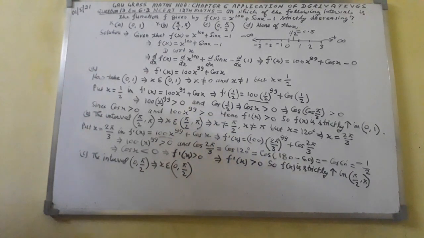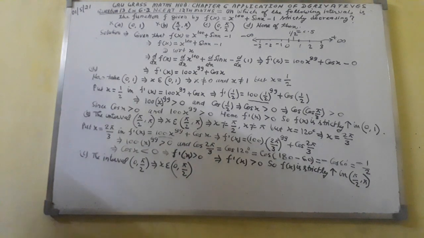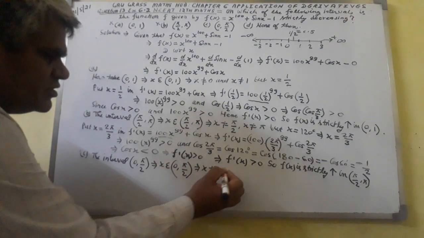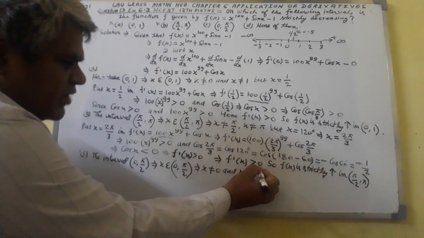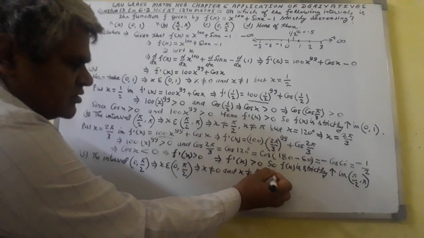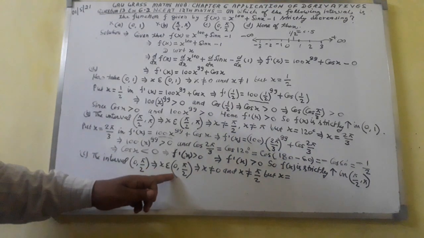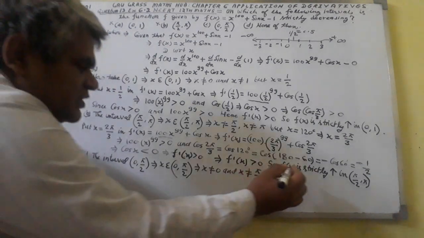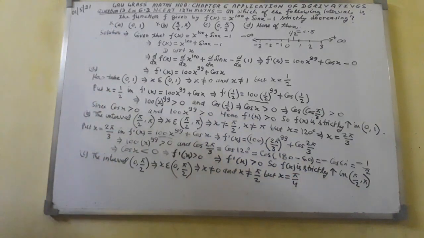This means that x is not equal to 0 and x is not equal to pi by 2, but x is in between 0 and pi by 2. An in-between value of x will be pi by 4. So x is equal to pi by 4, we have that.